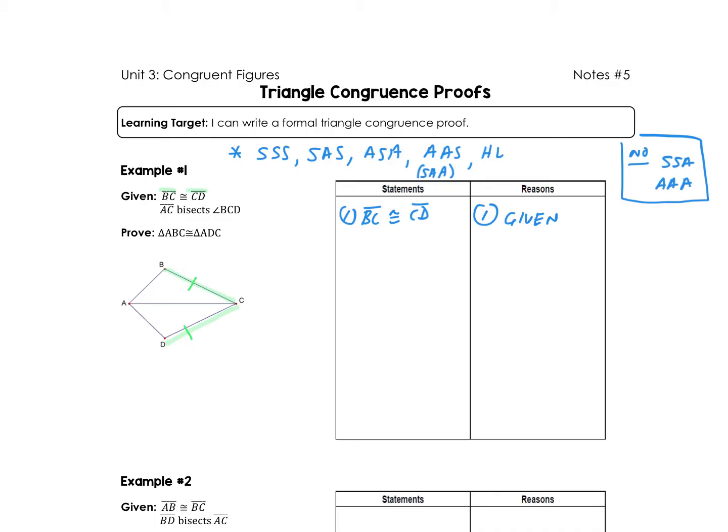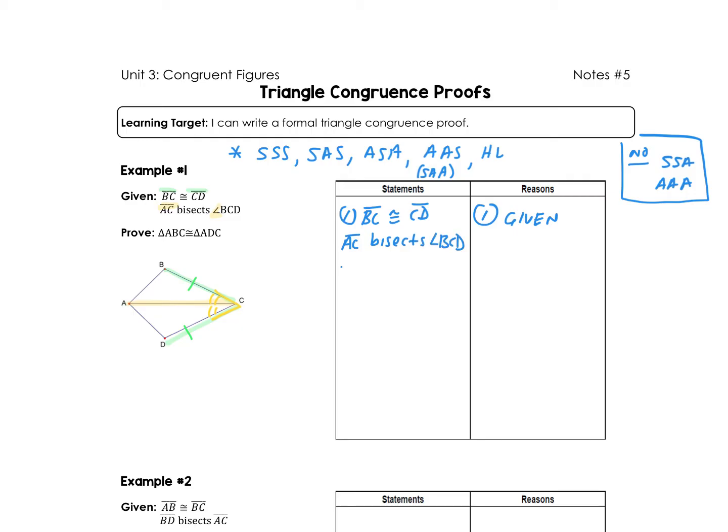So I'm going to go right ahead and add our second piece of given information, which says that line segment AC right here bisects angle BCD. So AC is coming in and dividing angle BCD into 2 congruent angles. Right, this angle right here is angle BCD. Okay, so first add to line 1 that statement AC bisects angle BCD.